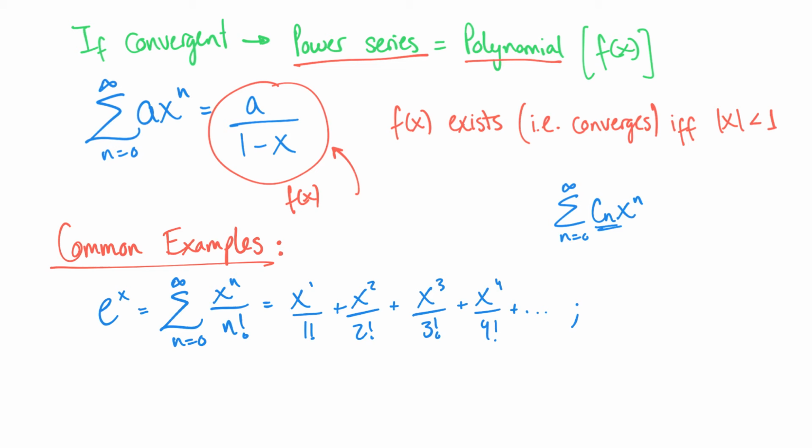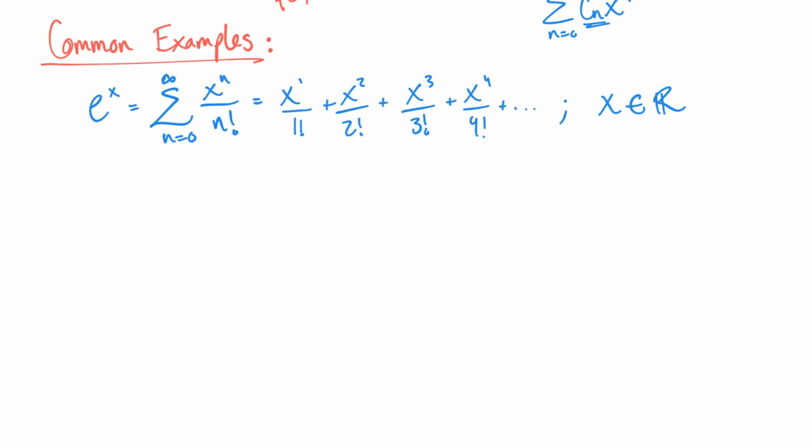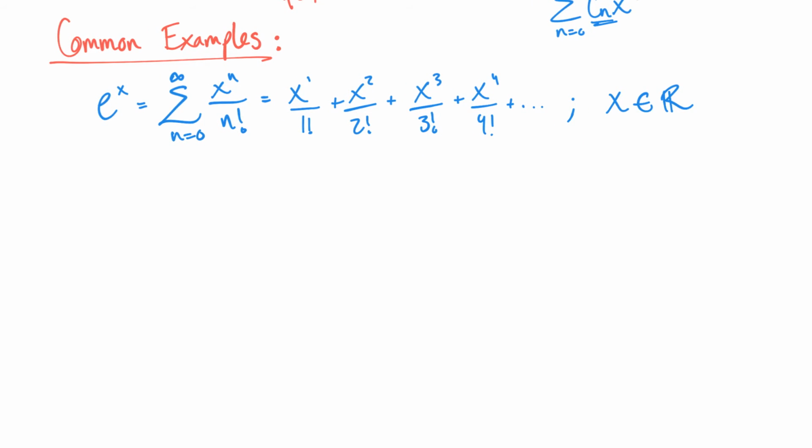And this is going to be true for any x. So e to the power of x is a very special function, because no matter what the value of x is, we can say that this is equal to this.